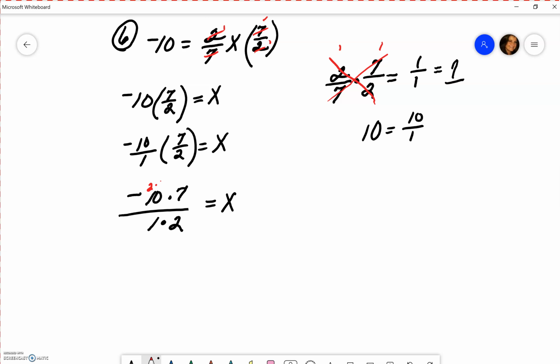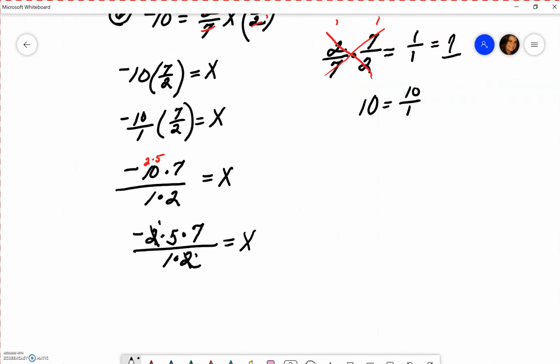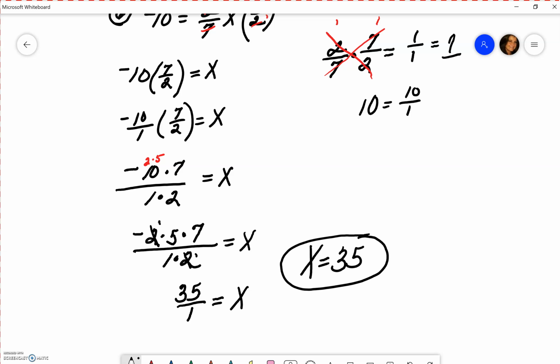And you can see we can get a 2 times 5 out of the 10. So I'm going to rewrite that. So -2 times 5 times 7 all over 1 times 2. And you can see these divide out to 1's. Now if I just multiply across, you end up with 35/1 equals x. And we know that's simply just x equals 35. And that's your final answer.